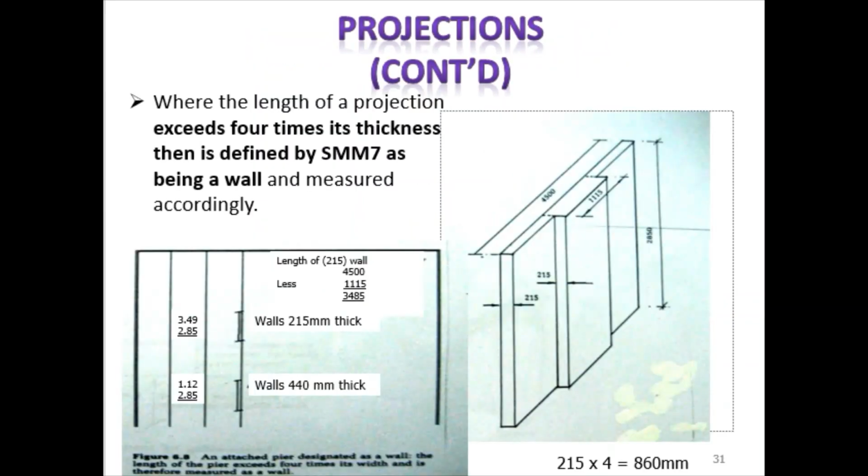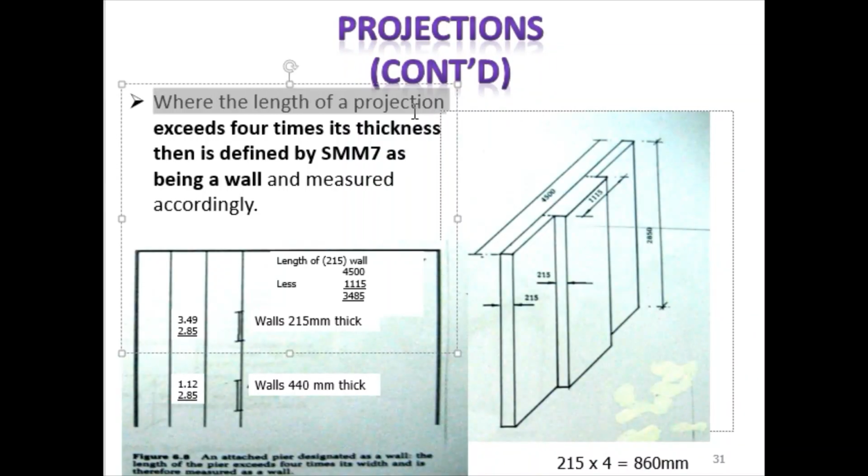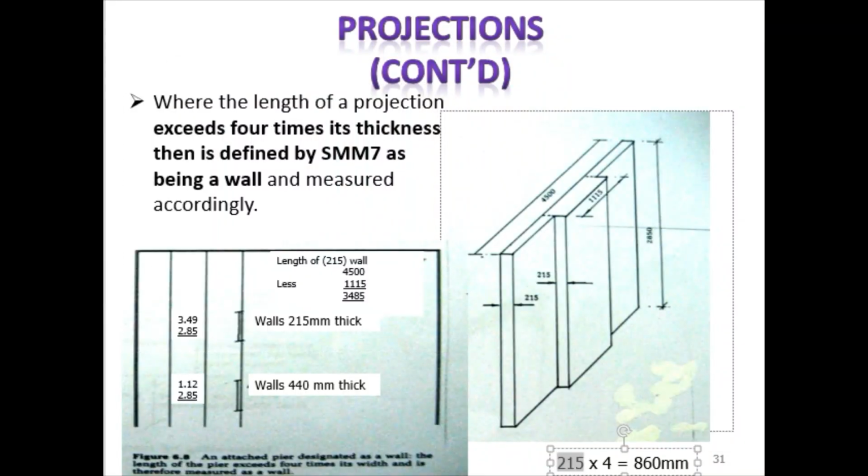However, where the length of a projection exceeds 4 times its thickness, just now it has 215 times 4 equals 860. As you see, the length there is 1.115, so it actually exceeds the 860.